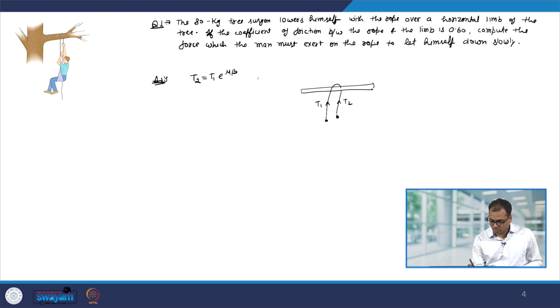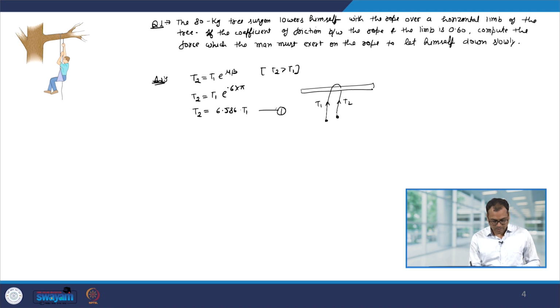Again, let me emphasize here that T2 is larger than T1. So, T2 will be T1 e to the power 0.6 into beta. Beta is the angle. You can see from the figure that the angle it is making is pi. Therefore, T2 will be e to the power 0.6 pi, which we can find out is 6.586 into T1.